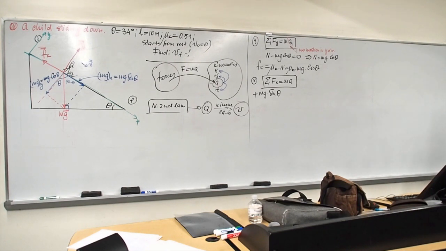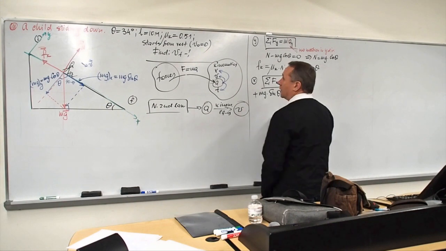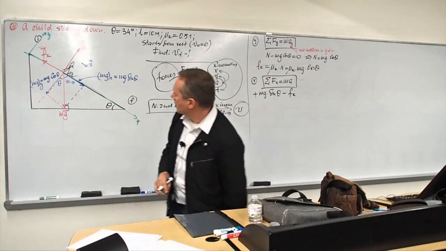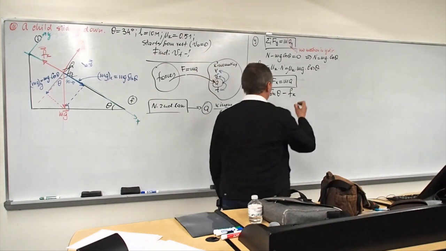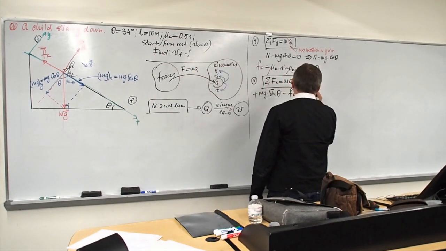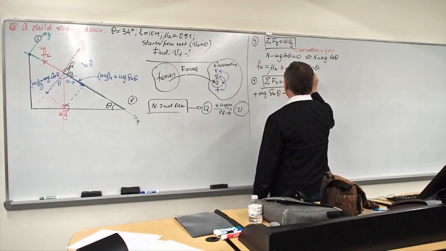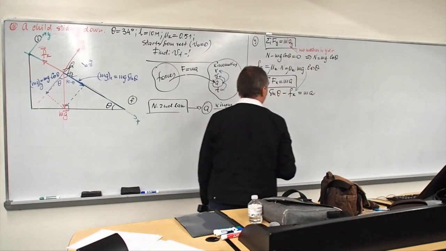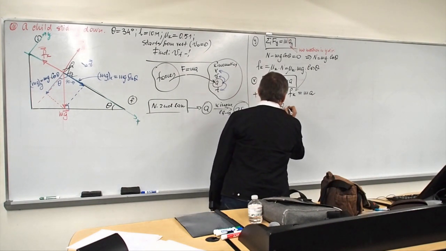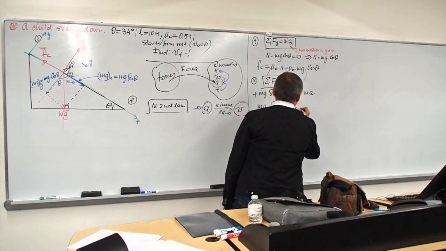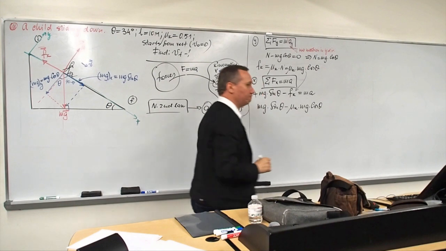So minus Fk. And anything else? No, that's it. There are only two forces, and it is equal to mass times acceleration. Now let's plug in our expression for the friction force: mg sine theta minus mu k mg cosine theta.